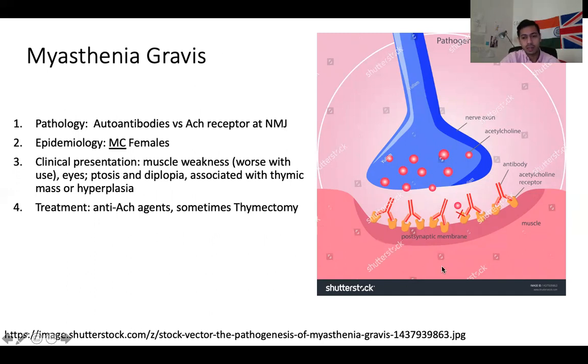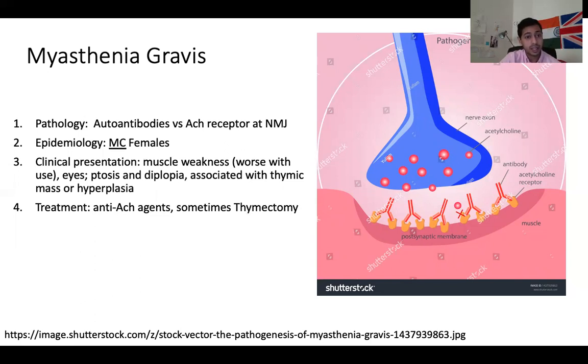This is usually in the postsynaptic membrane, as you can see here in this image.